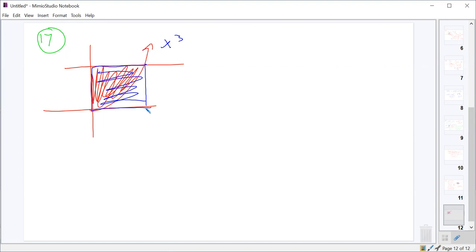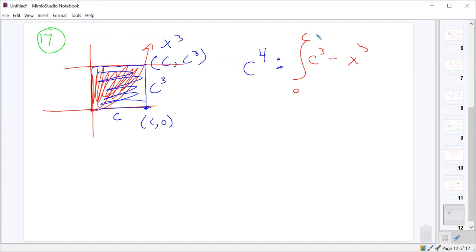And we've called this point here c comma 0, which would make this point up here c comma c cubed, which would make this height c cubed, and this length c, which would tell us the area of the blue region. So we're looking at a ratio between c to the 4th to the area of the red region, which is the upper function c cubed minus the lower function x cubed, integrated from 0 to c.